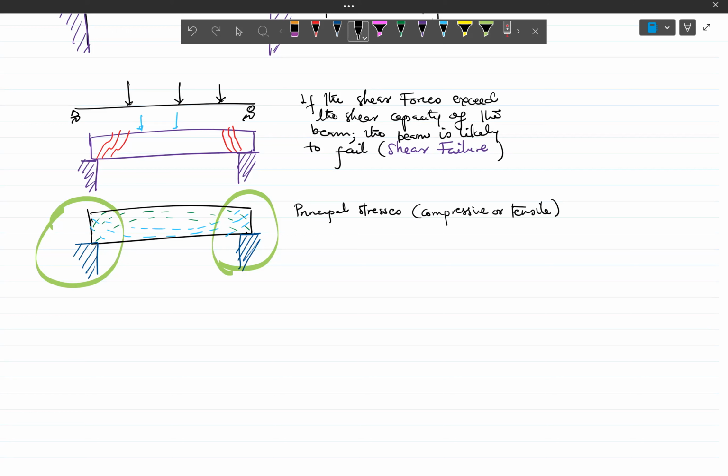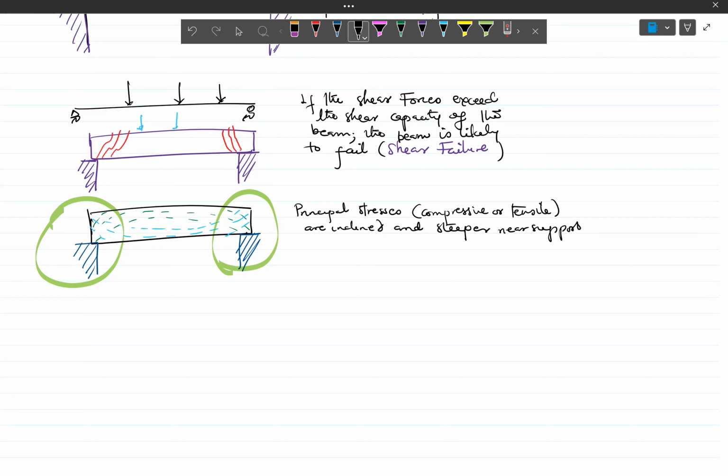these stresses are inclined, okay, and steeper when we get close to the supports.